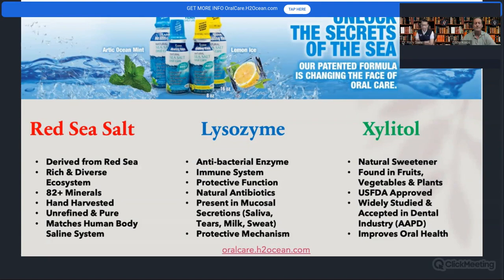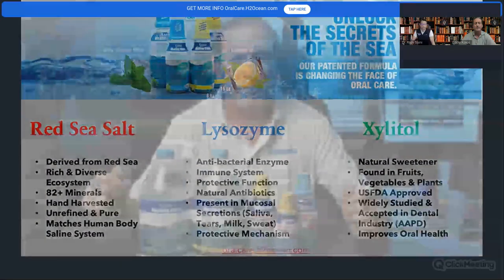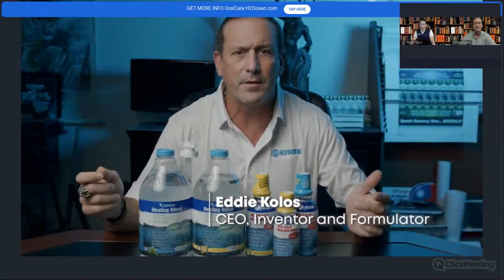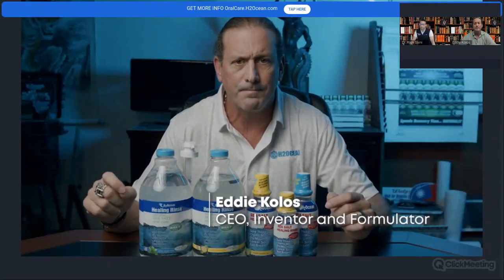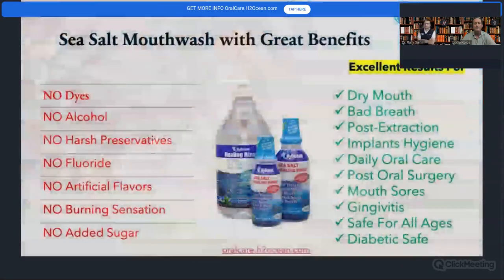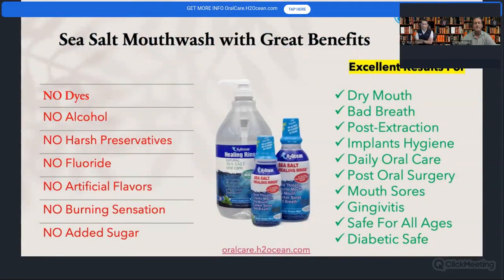Xylitol, a natural sweetener, approved by the FDA and widely accepted in the dental industry for its oral health benefits. Our sea salt mouthwash offers excellent results in various oral health issues, including dry mouth, bad breath, post-extraction care, implant hygiene, and daily oral care. It is safe for all ages, including diabetics, and contains no alcohols or dyes, or any harsh preservatives like fluoride or added sugars.